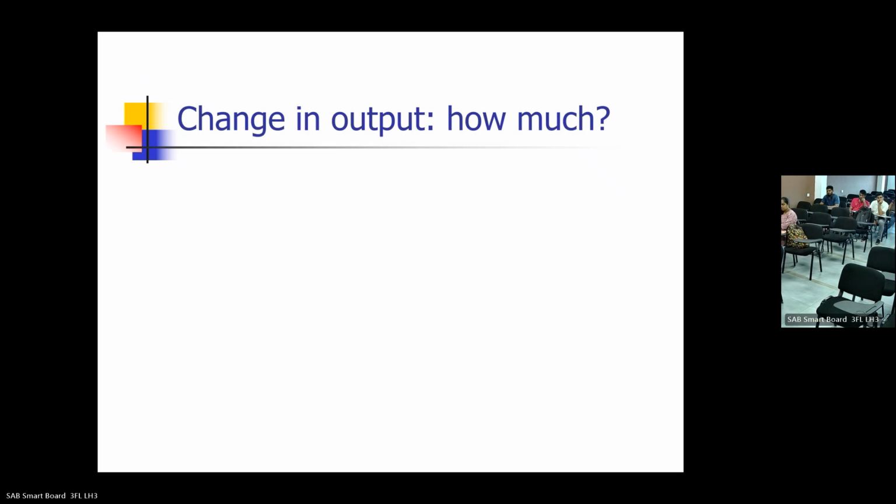Now here in a simple economy, we are taking the initial output level. We know the initial equilibrium income, so you must remember it. In a simple economy, we have autonomous consumption and autonomous investment.